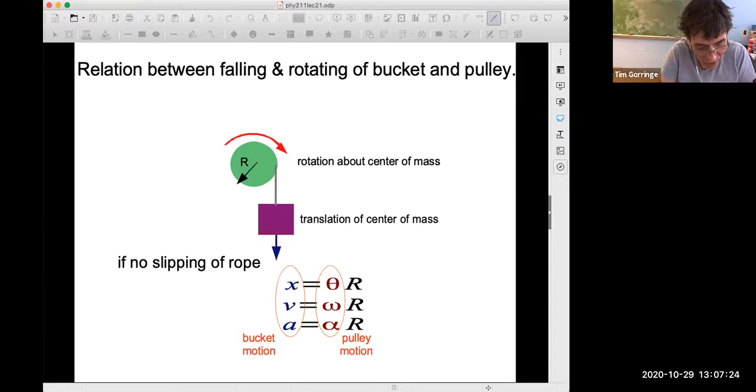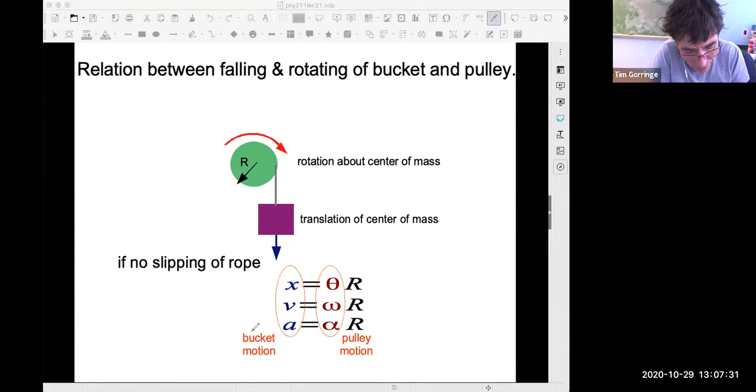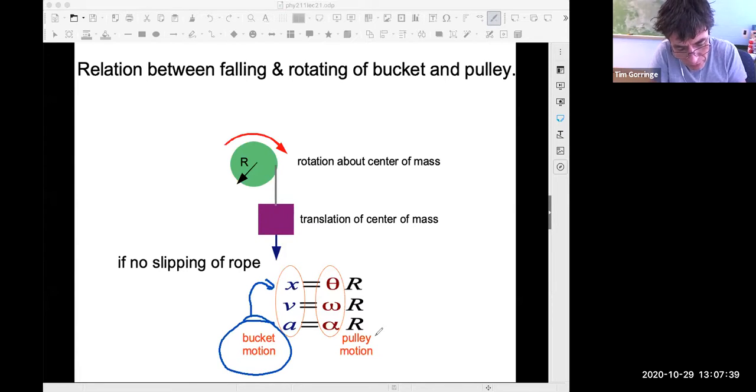On this slide, assuming the rope doesn't slip, assuming the rope doesn't slide on the pulley, the coordinates describing the bucket's motion, these linear coordinates over here on the left, are related to the coordinates describing the pulley's rotational motion, these rotational coordinates on the right, through these equations.